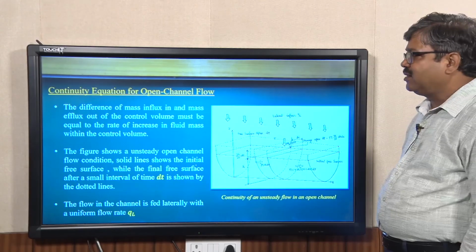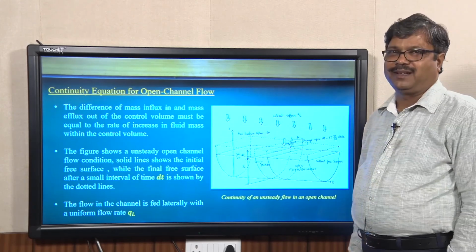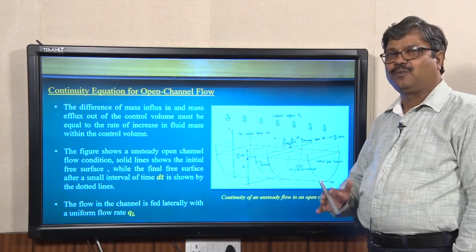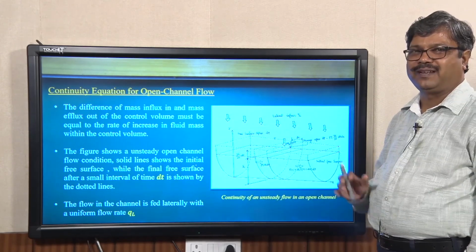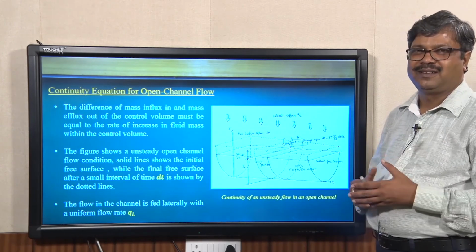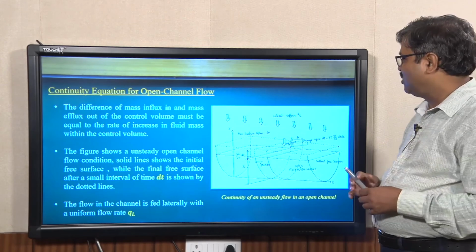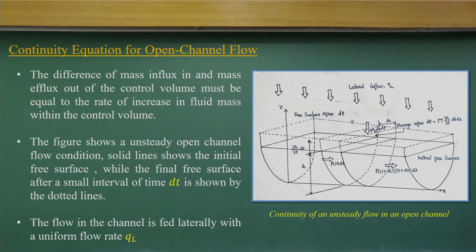Let us come to the continuity equation for open channel flow. So, we are coming from fluid mechanics to open channel flow when considering a river. In case of rivers, there will be lateral inflow to the river.